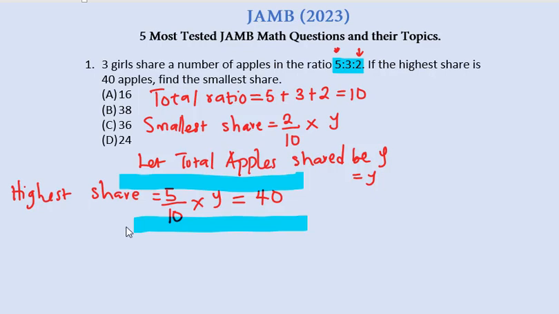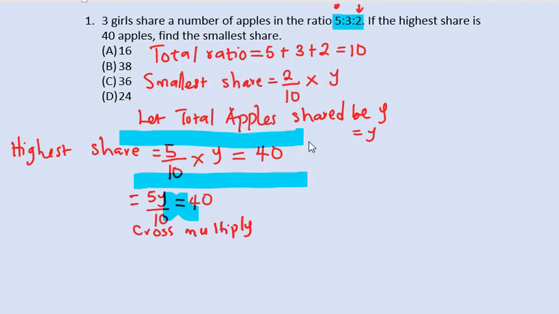Okay, so let's continue from these very points. For the highest share, 5 multiplied by y is 5y over 10, is equal to 40. From here we can actually cross multiply. So let's cross multiply. Cross multiplying, we will have 5y is equal to 10 times 40.